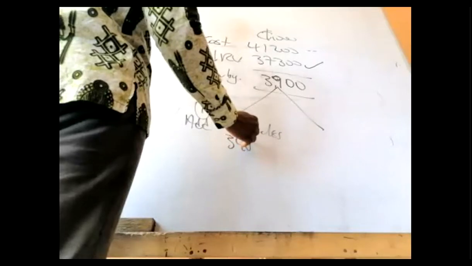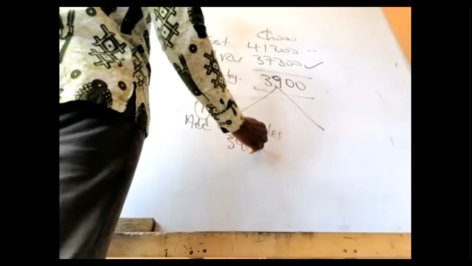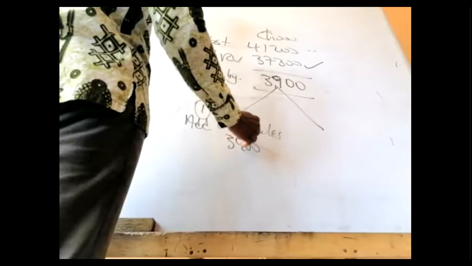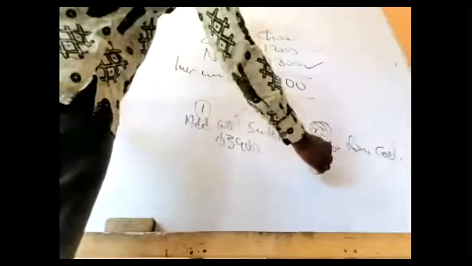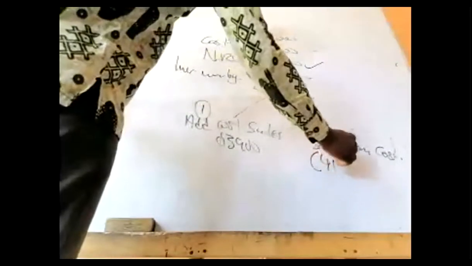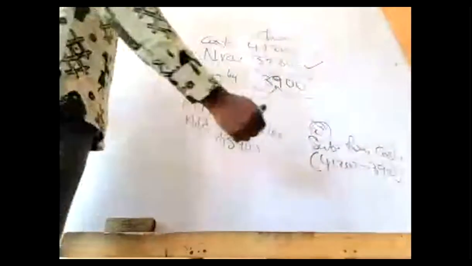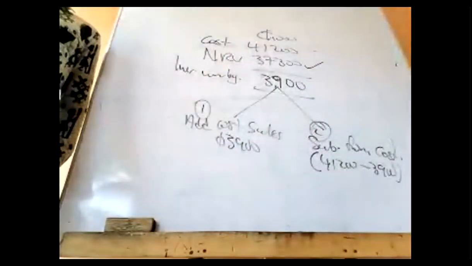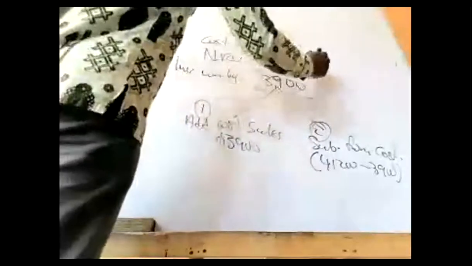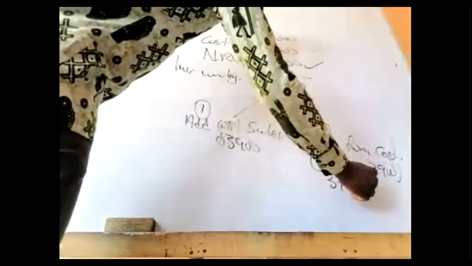Let's go to the financial position. Number two, subtract it from the cost and take it to the financial position. Open a bracket, 41,200 less 3,900. The answer will be the same as the NRV, 37,300.